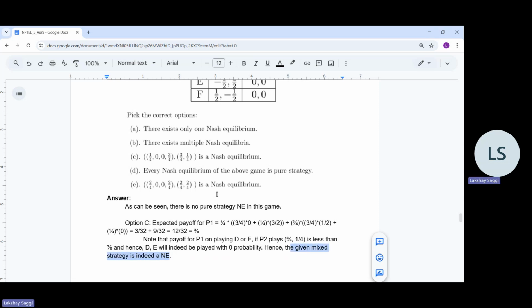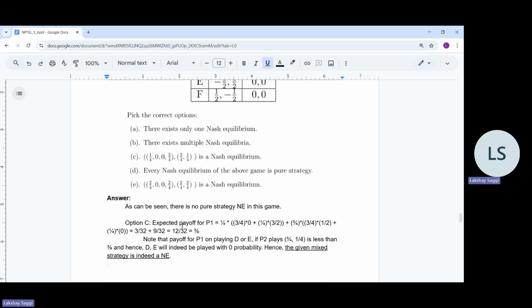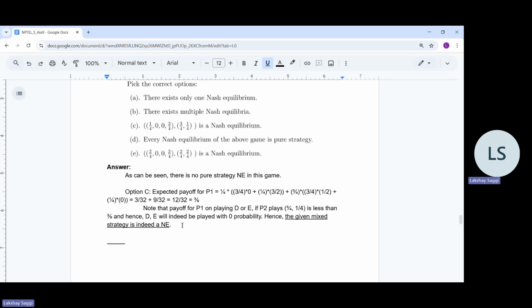So I've done a lot of these things orally, but I guess the high-level idea should be clear to you: for the given solution, we just check the payoffs. If the payoffs are less than the payoffs we have for the current strategies, then we won't actually be playing those strategies. This is the key idea.